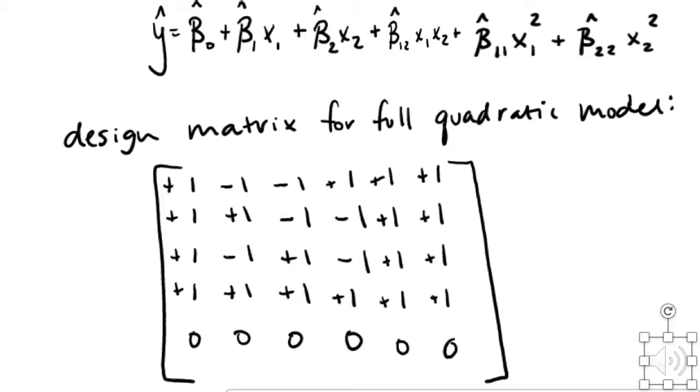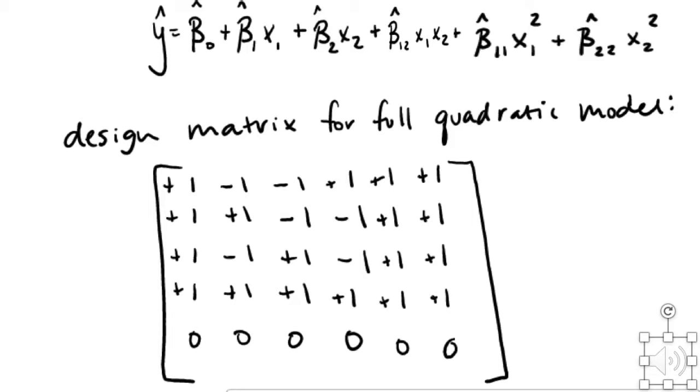Now that we've looked at an example where the design matrix is orthogonal, we're also going to consider the alternative, which is that the design matrix is not orthogonal. So in this example, we have a 2 to the 2 design with the full quadratic model written out.